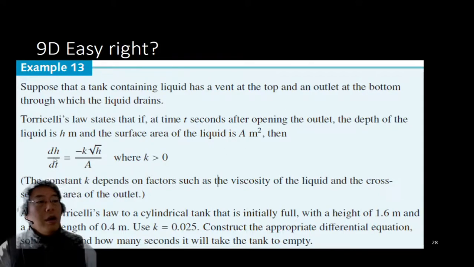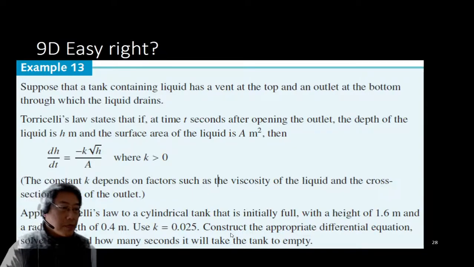Alright, so the rate of change, which is negative, is also going to be inversely proportional to the area, the surface area. That's why you have to divide by A. And the surface area A, hang on, is it constant? No, that surface area is going to be variable.